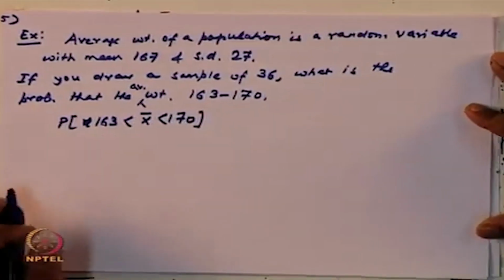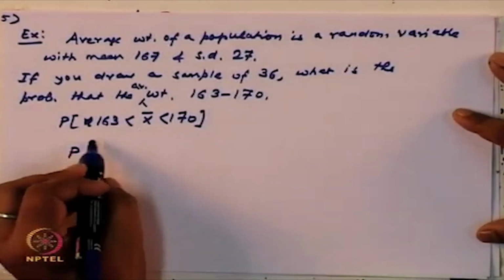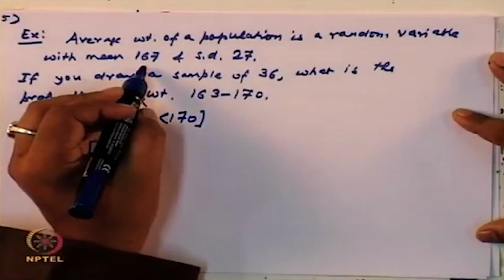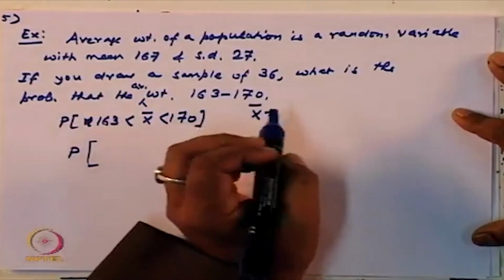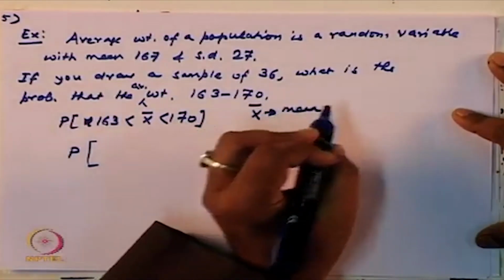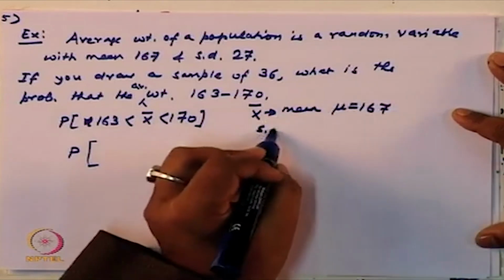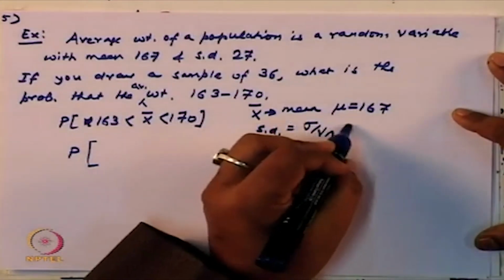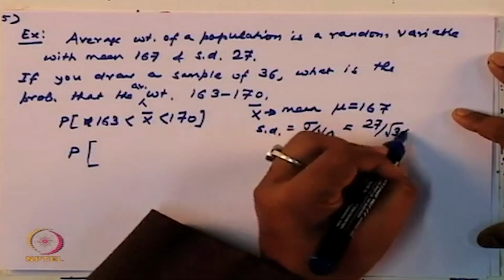Okay. So, what do I do? I use the central limit theorem again. I convert it. So, from x bar we convert it into z, and we know x bar will be a random variable with mean mu equal to 167 and standard deviation of sigma by root n. Okay. So, sigma is 27 by root of 36.